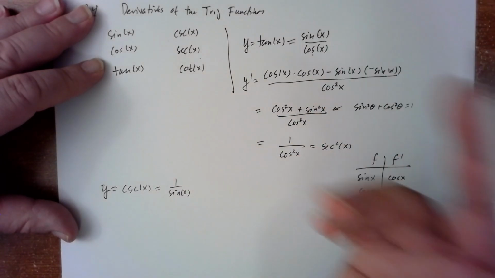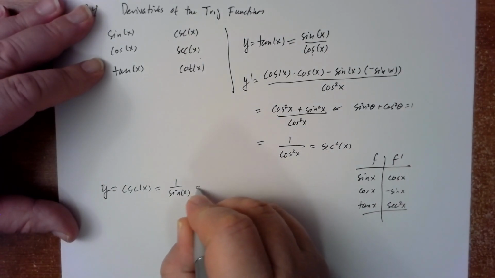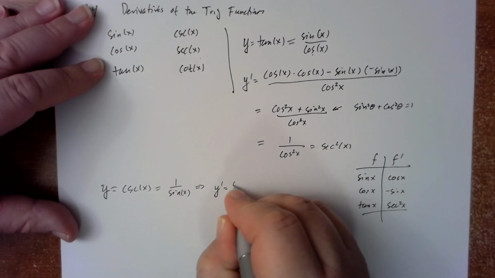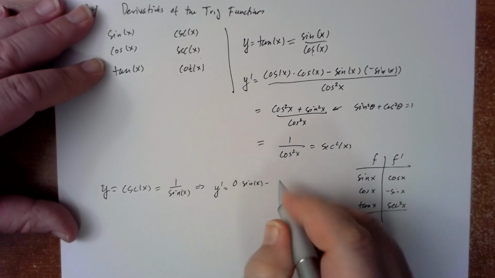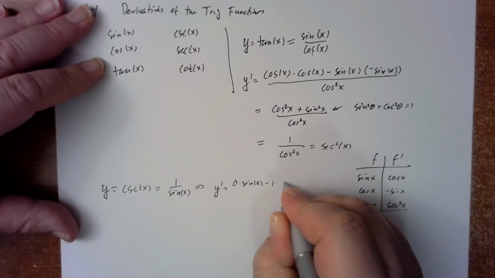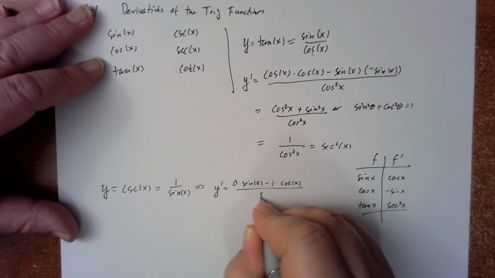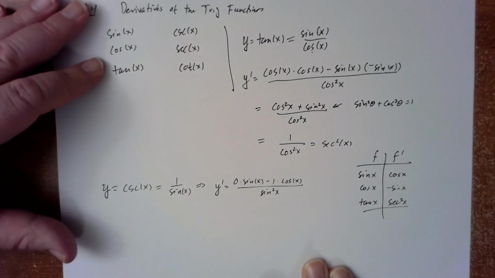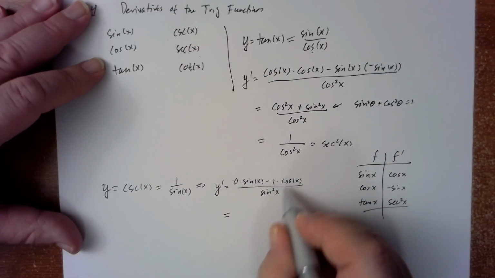We could just use the quotient rule again, since we've used it once before. So the derivative of the top function is 0, so that makes that easy, times the bottom, minus the top times the derivative of the bottom, divided by the bottom function squared.